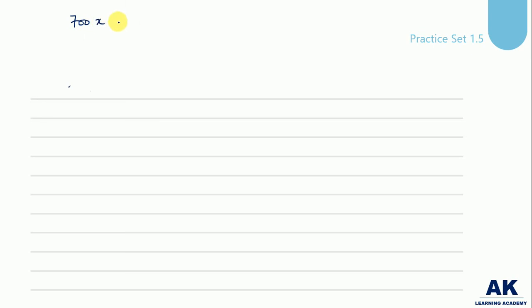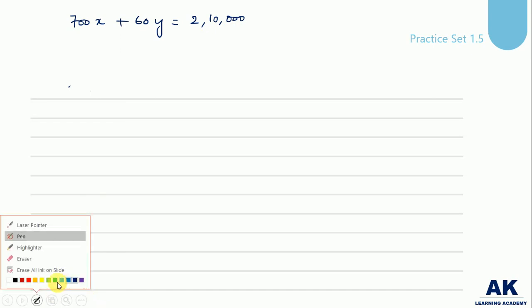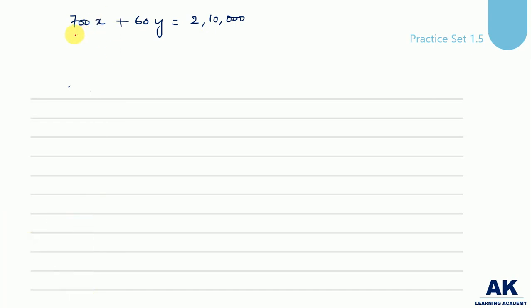Now we have this equation, that is 700x plus 60y is equal to 2,10,000, right? If I divide this equation by 10, here it is 1 0, right?